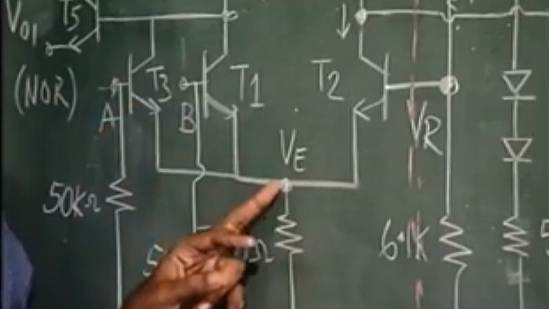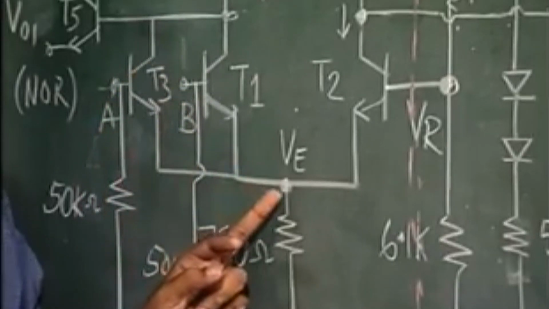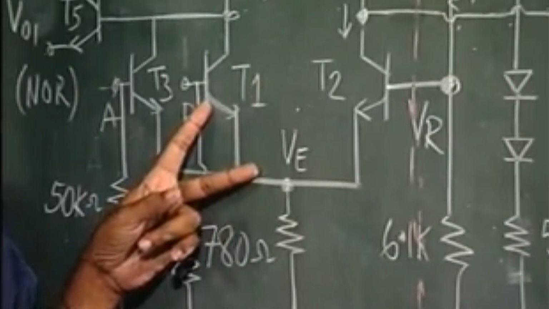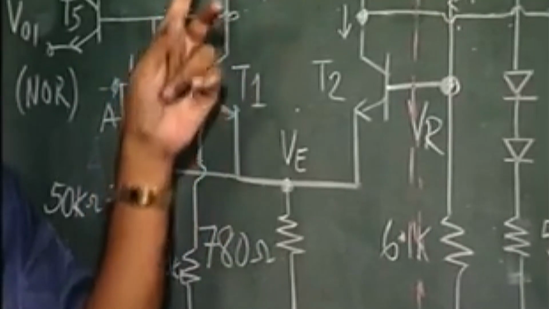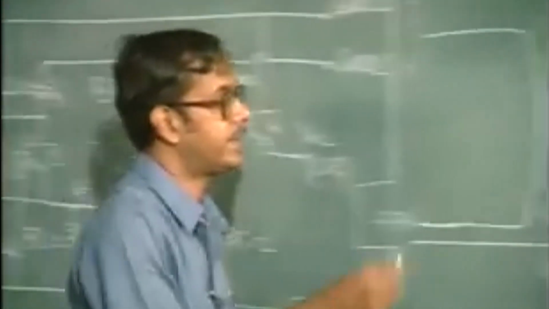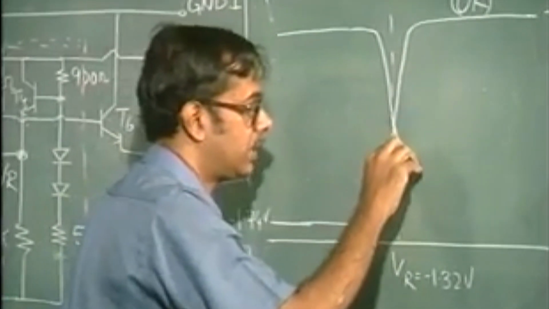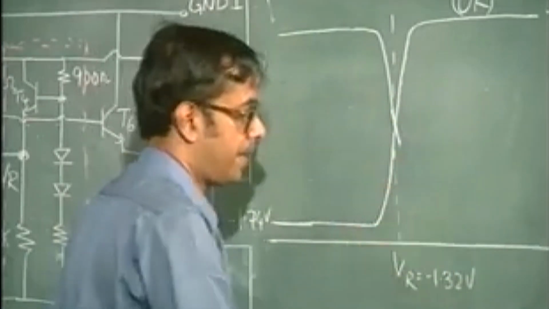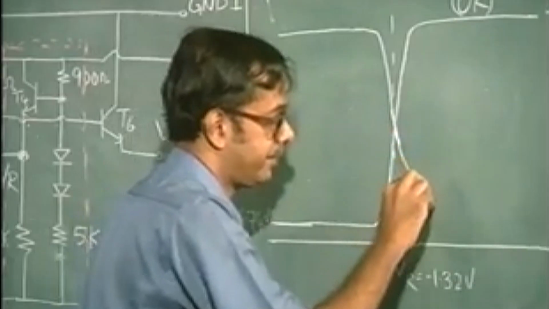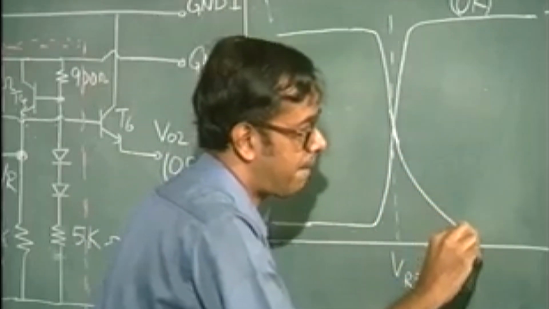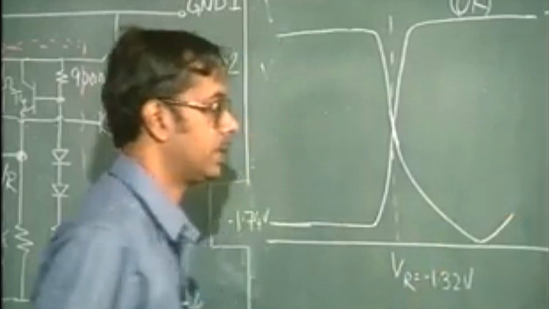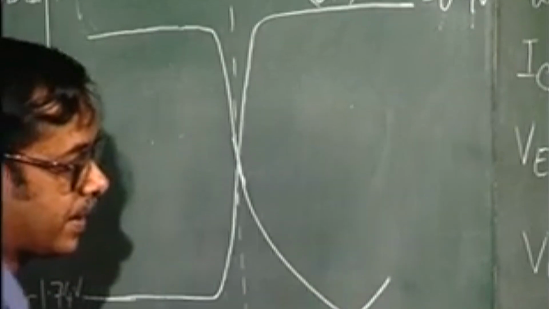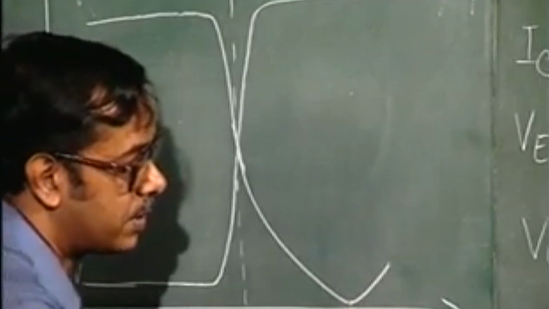So if you go on increasing this, the emitter voltage goes up because the drop across this is 0.75, which means that the collector voltage also is going to go up. So basically the characteristics which you have now is going to be something like this for the NOR output. It behaves like this, goes up like this. So this is minus 0.55 volts.